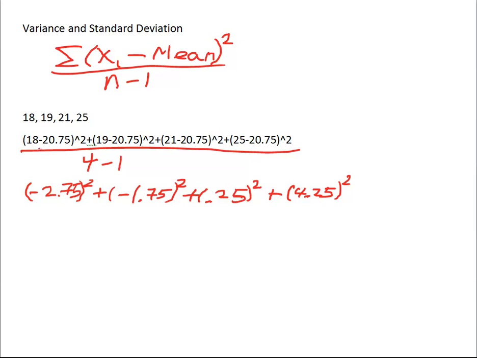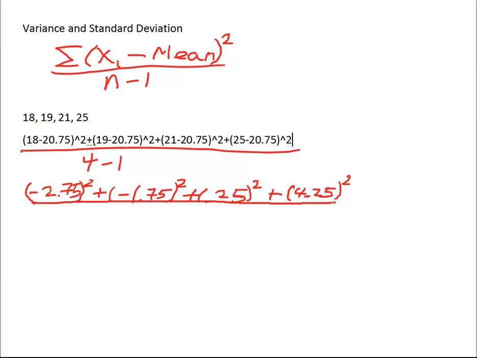So notice 18 is almost 3 years below the mean, and 19 is almost 2 years below the mean. Almost 21 is our mean. And then if you look at 21, it's a fourth of a year higher than our mean. And then 25 is a little over 4 years above our mean.